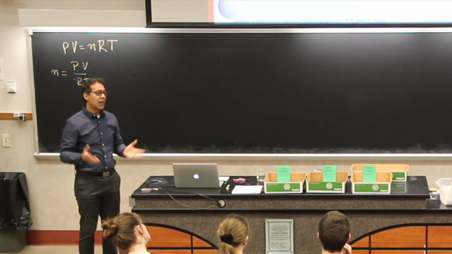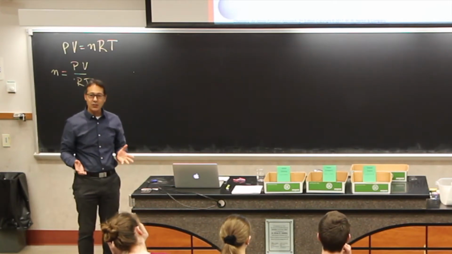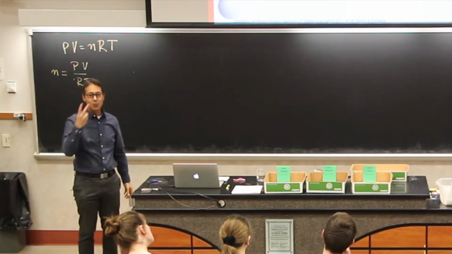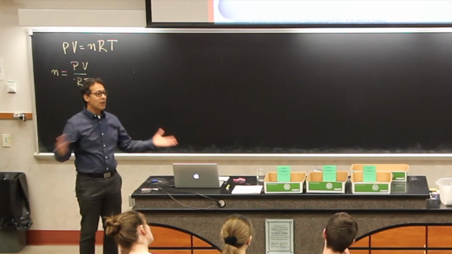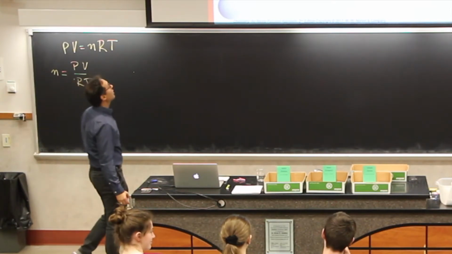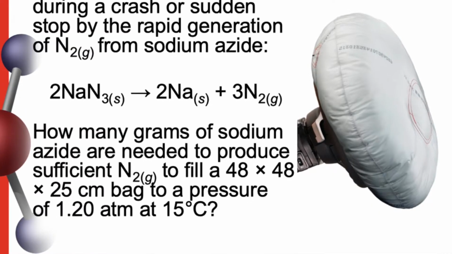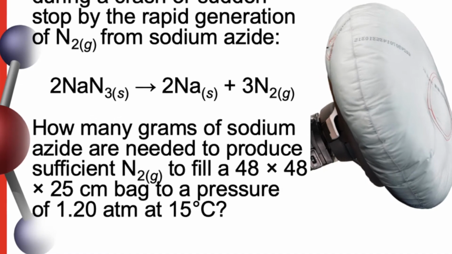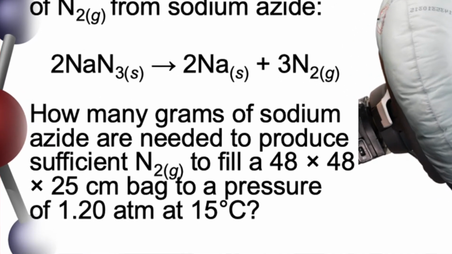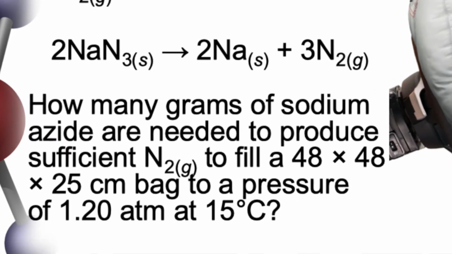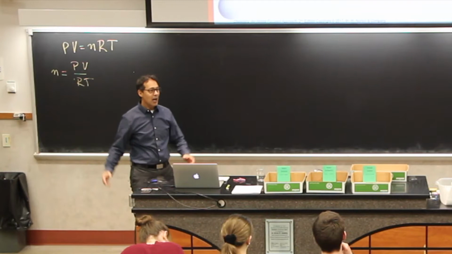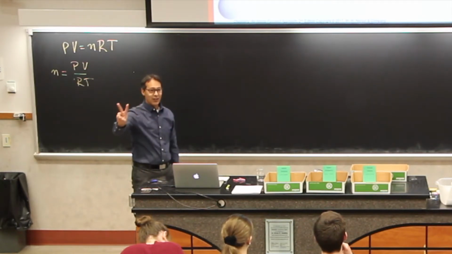Can you imagine if the airbag was filled with hydrogen gas and this was an accident and maybe somebody smoking a cigarette? That would be bad. So it produces nitrogen gas. And the question here is, how many grams of sodium azide are needed to produce sufficient nitrogen to fill this airbag at a certain pressure and a certain temperature?